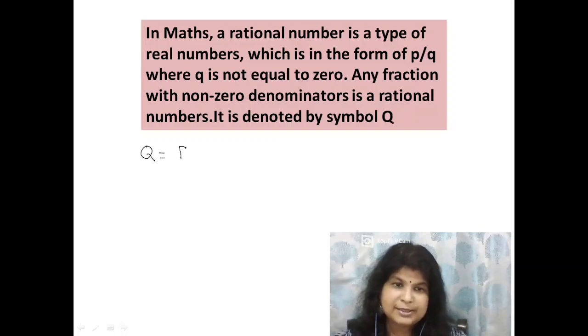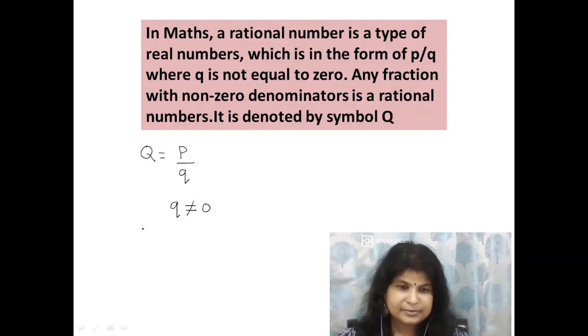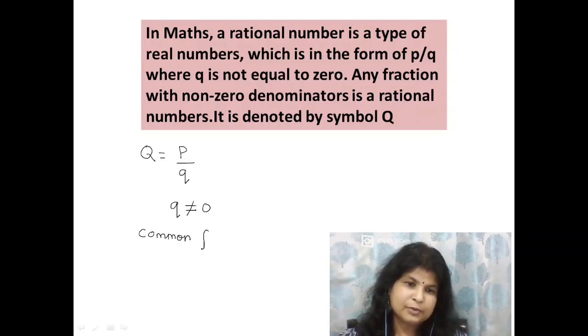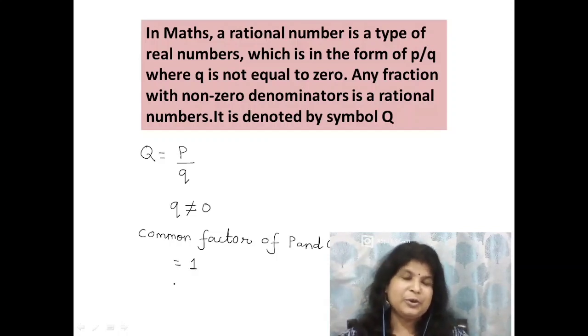It's a rational number which is expressed as P by Q, where Q should not be equal to 0, and the common factor of P and Q should be equal to 1. Then only it will be considered as a rational number.